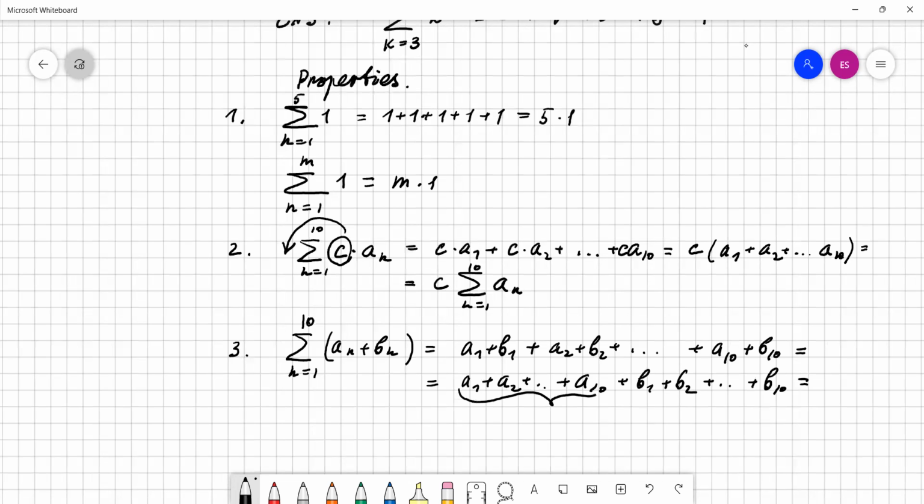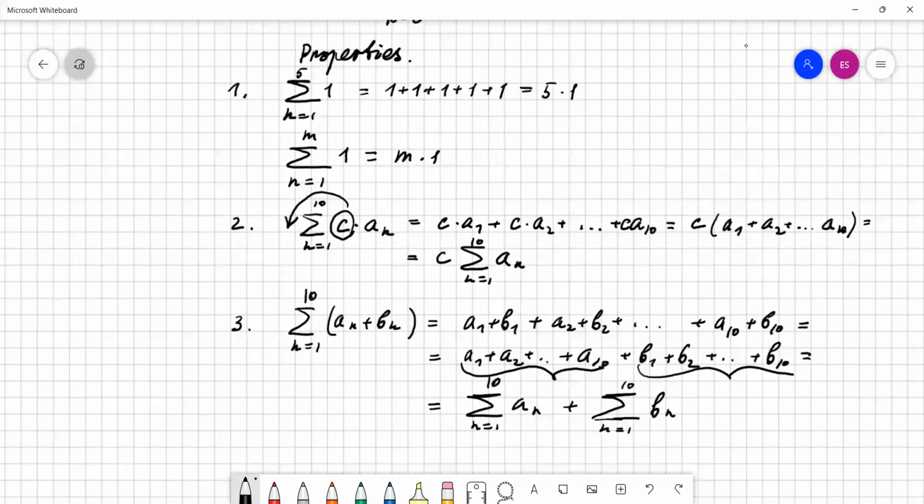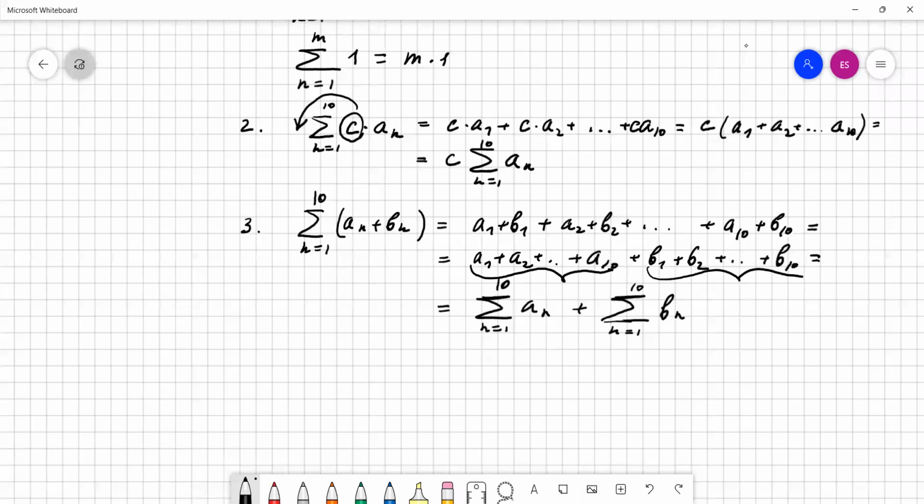And then this one is going to be what? Sigma of an, from 1 to 10. And this one is going to be sigma of bn, n from 1 to 10. For us, guys, it's going to look like we can distribute the sigma into parentheses here and over here, kind of distributive law.